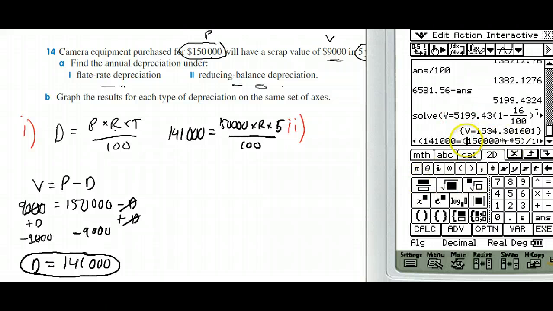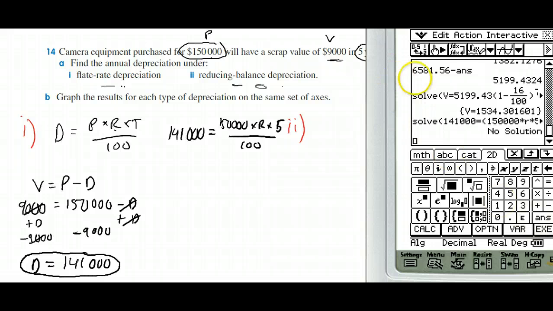I've done the same thing. There's the top part of the fraction in brackets divided by 100. Okay, we forgot to put in the comma and R at the end of the function, and then to close the brackets. There we go. R equals 18.8.